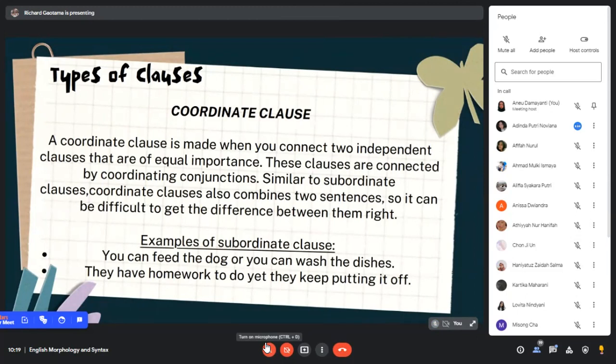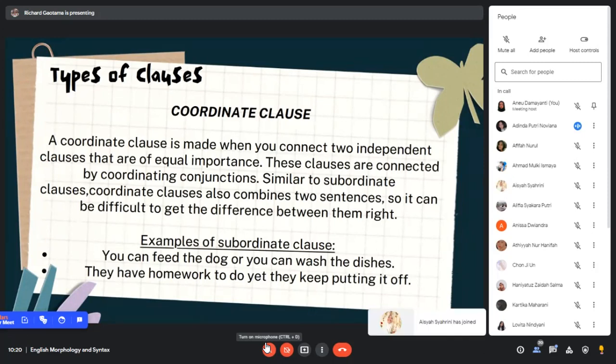Thank you. Okay, so the next type of clauses is coordinate clause. A coordinate clause is made when you connect two independent clauses that are of equal importance.